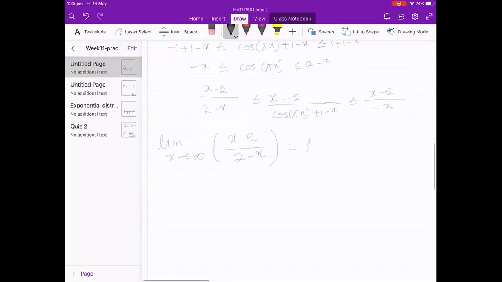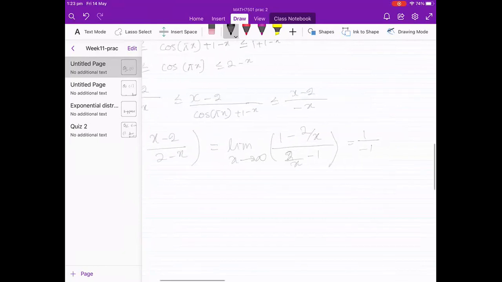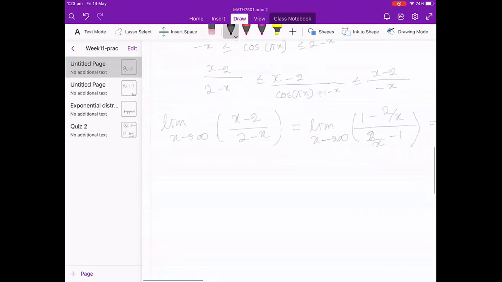You could do this: limit as x tends to infinity, divide both numerator and denominator by x. So that's 1 minus 2 over x, over 2 over x minus 1, which is equal to 1 minus 0 over 0 minus 1, sorry, equals minus 1.